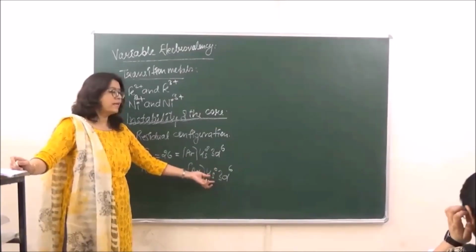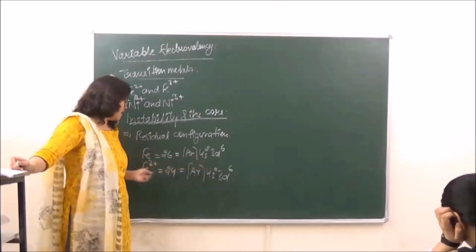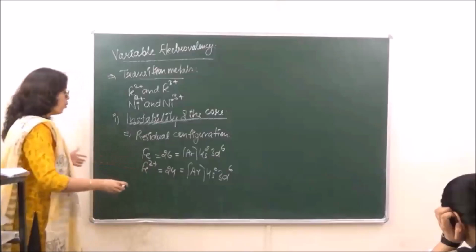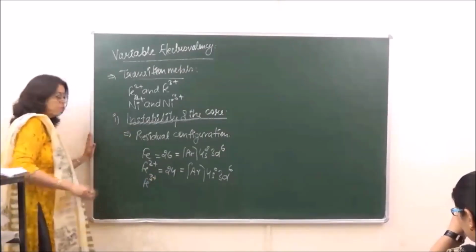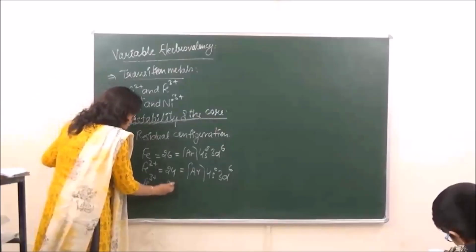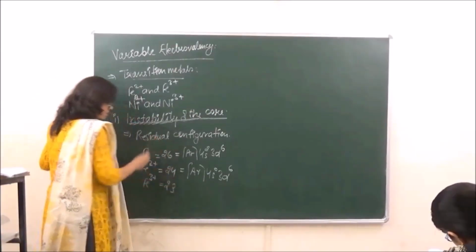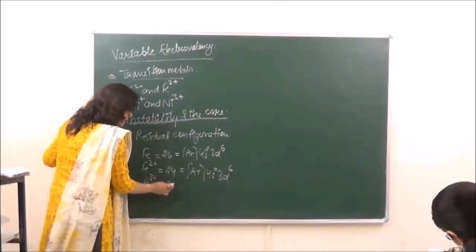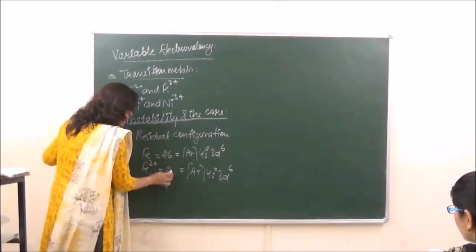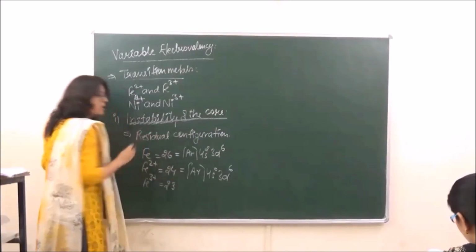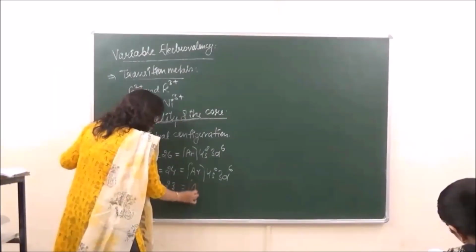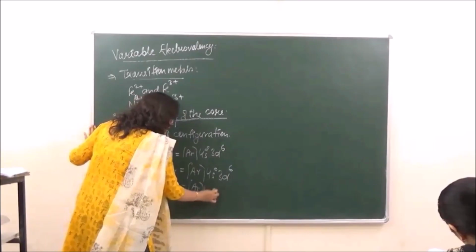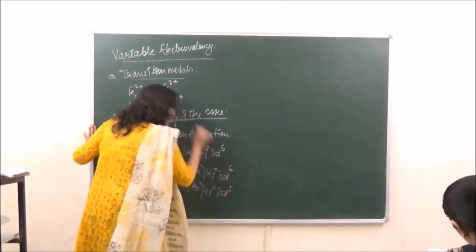In order to attain a stable core, Fe2+ loses one more electron to go into the Fe3+ state, with 24 and 23 electrons respectively. Going to 23 electrons, we have argon 4s0 3d5.